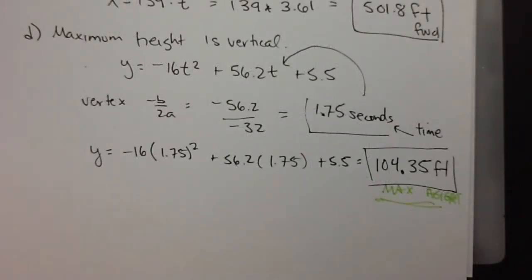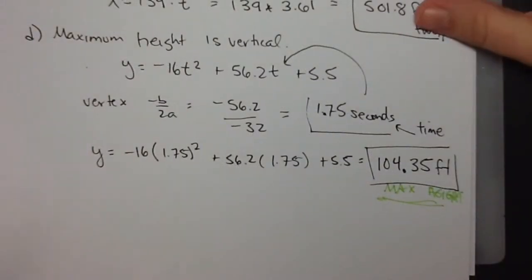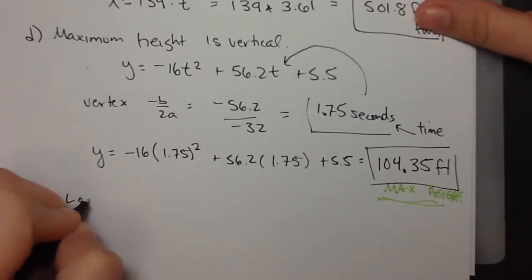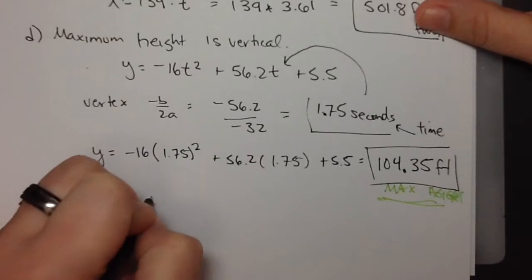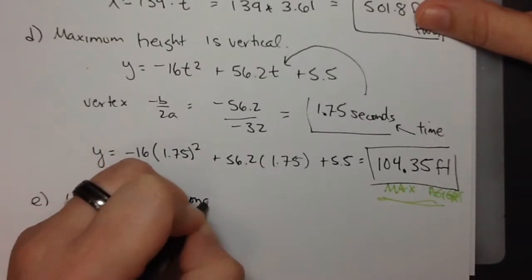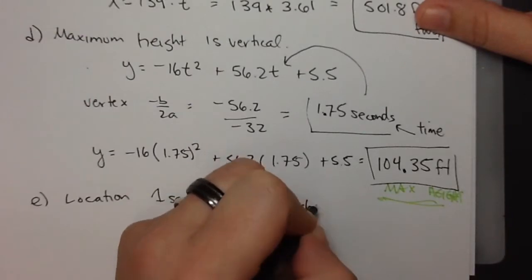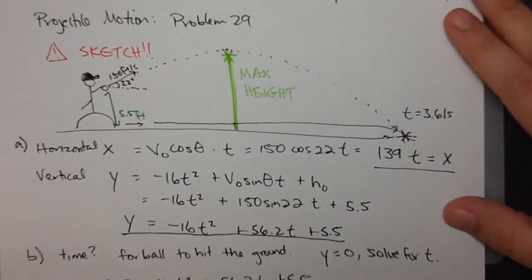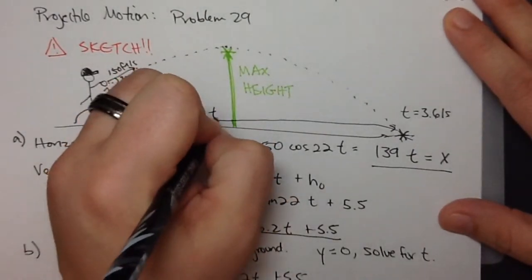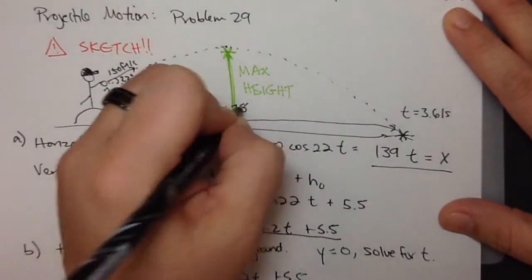The last question is, where is the ball? It asks for the location 1 second after launch. So looking back at our sketch, we know that the maximum height occurs at t equals 1.75 seconds.